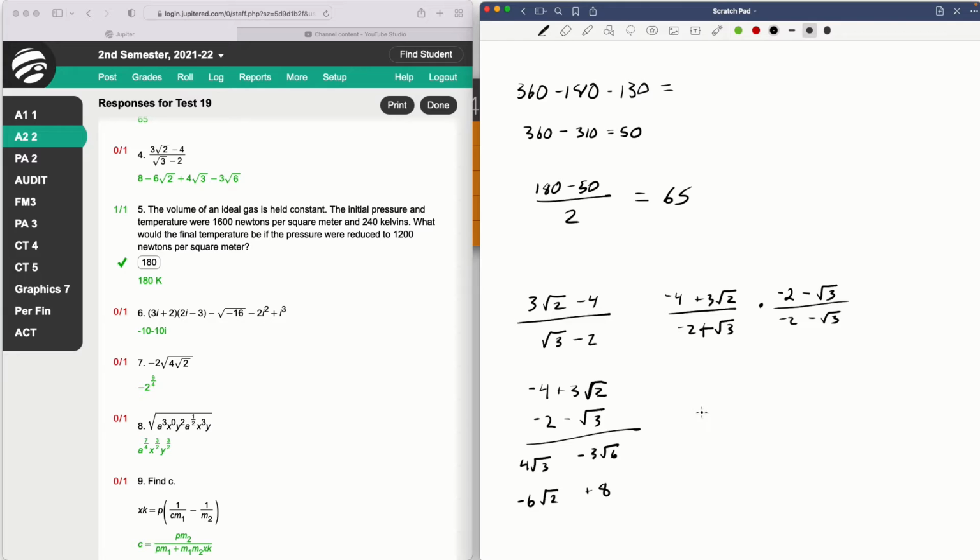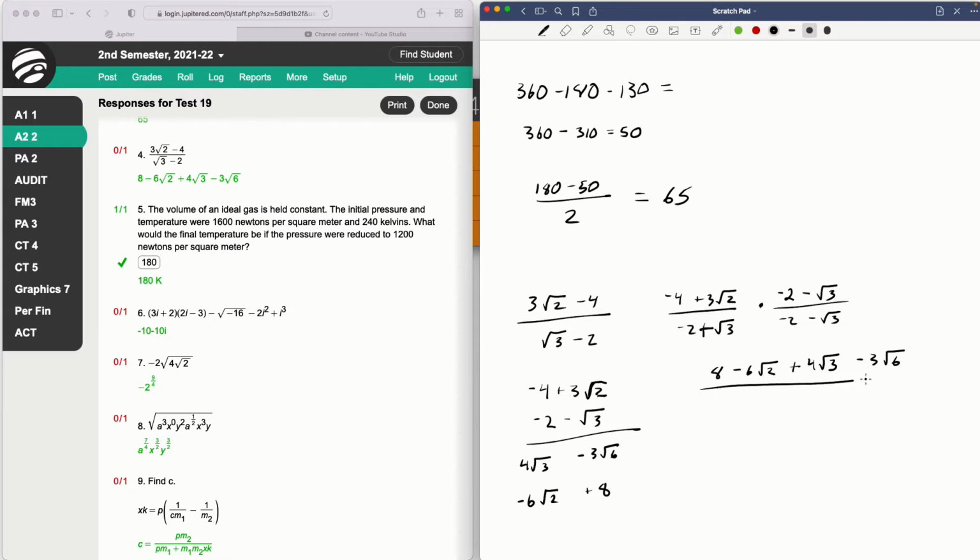All right, so I'm going to rewrite that. 8 minus 6 times the square root of 2 plus 4 times the square root of 3 minus 3 times the square root of 6. All right, that's everything in one statement.